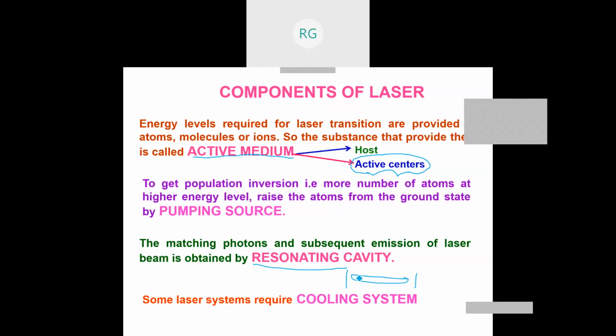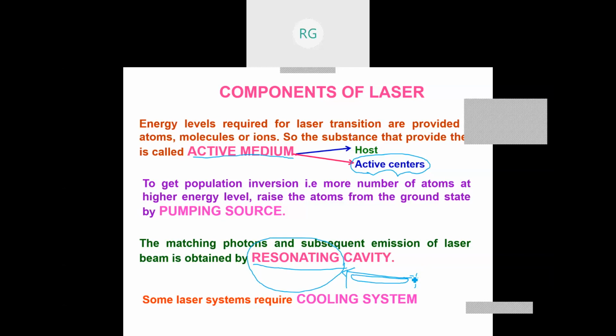This place between these two mirrors we call the resonating cavity. The word resonating cavity is most important, saying that laser is a resonance phenomenon. We will get resonance between various energy levels, maybe E1 and E2 or E3 and E4.